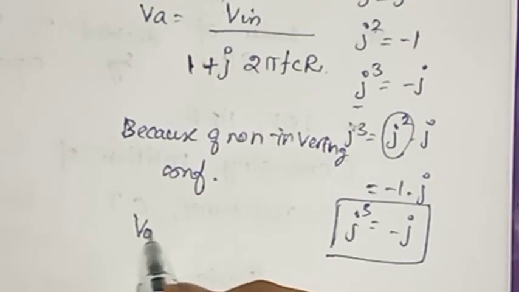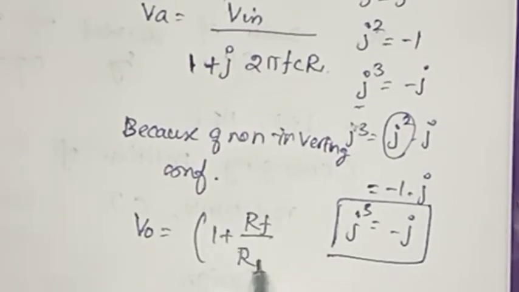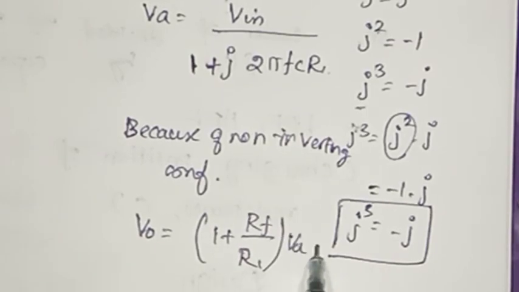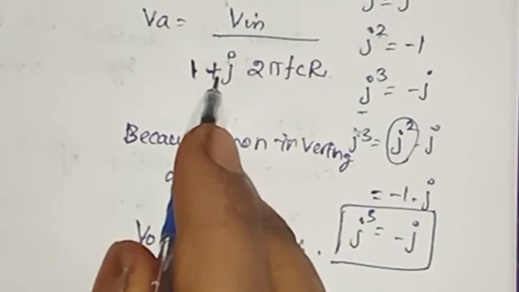Because of the non-inverting configuration, the output voltage V0 is equal to 1 plus RF divided by R1 into VA. Here we have to substitute the value of VA.